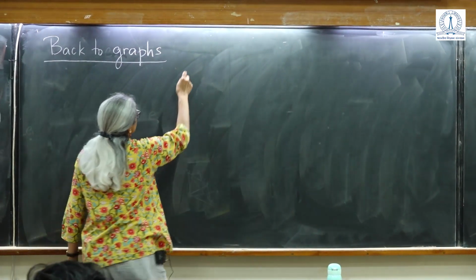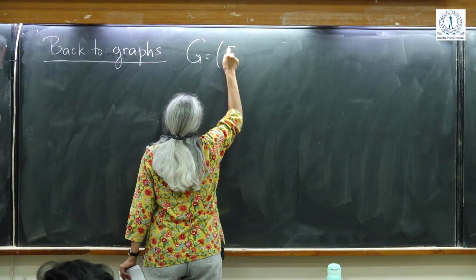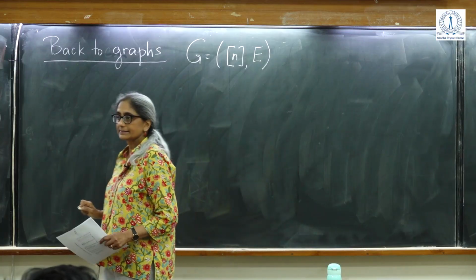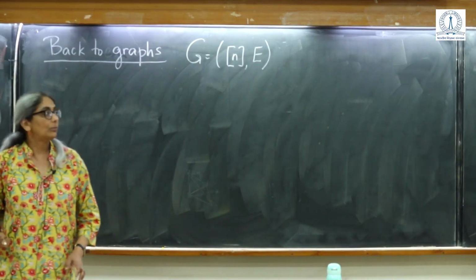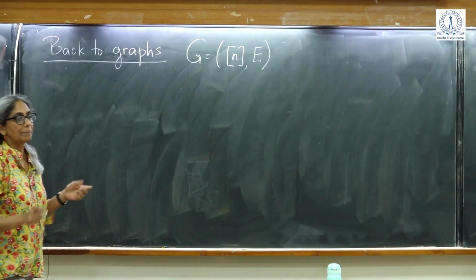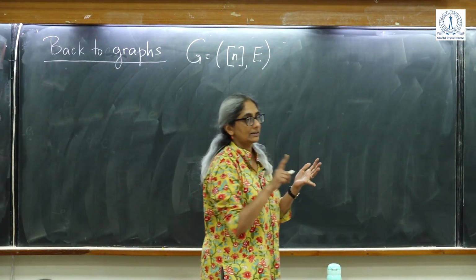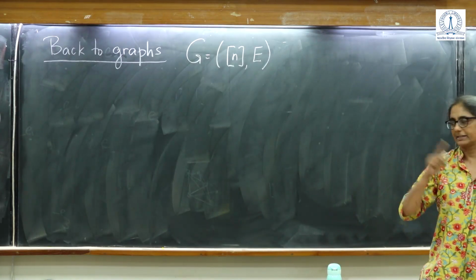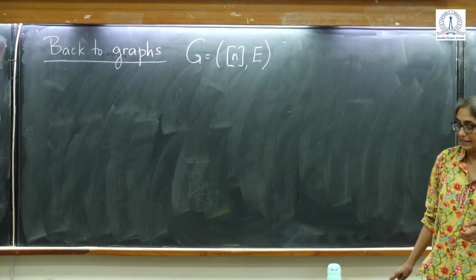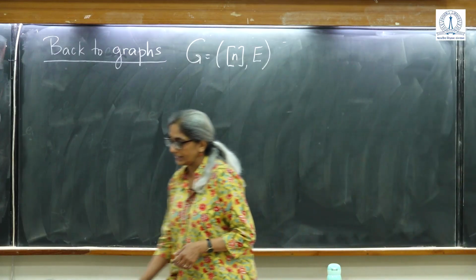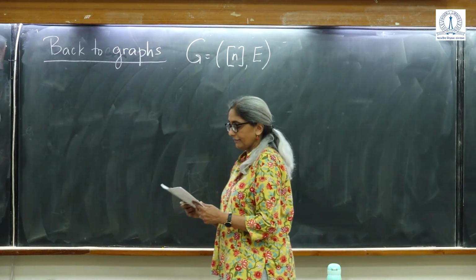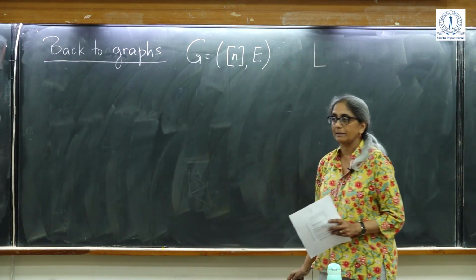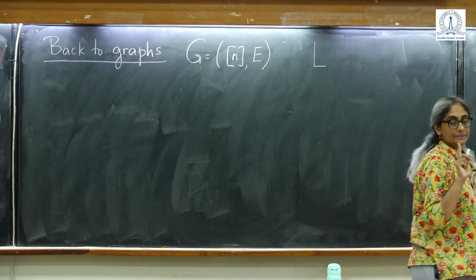Okay, so we have this graph G, which has vertices 1 through n and some edge set. Let me remind you what a design is. Pick one of these matrices that we've talked about, Laplacian or walk matrix or adjacency, whatever you want. In different examples, I might switch around. But for today, let me just take L. So I'm picking the Laplacian of this matrix.